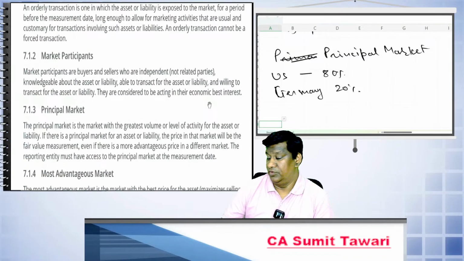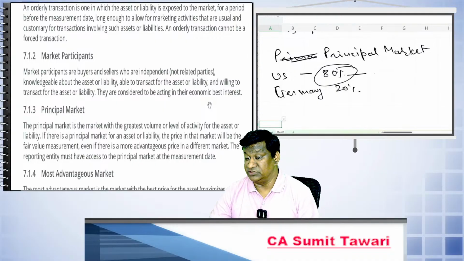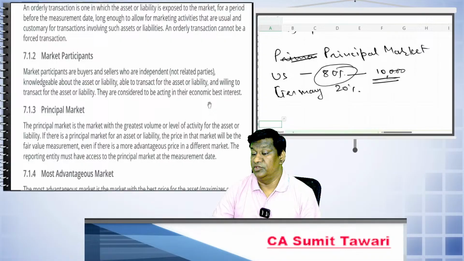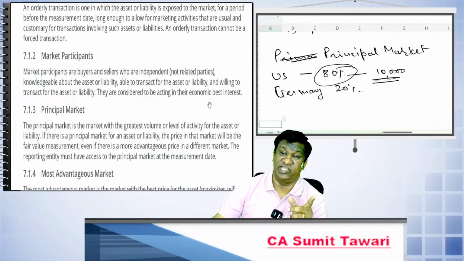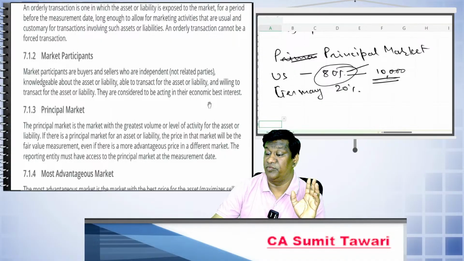The US market, sir. Okay, so if we have this information available, then we automatically need to consider this price. You do not need to check which is the most advantageous market, because you are aware of the principal market.